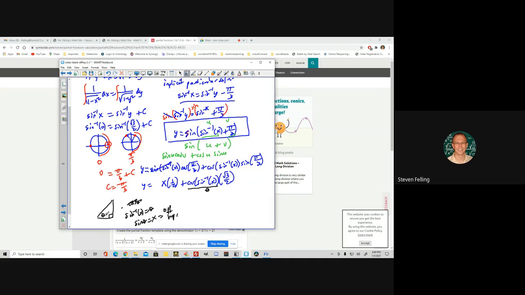So if we made the opposite side of this angle x and the hypotenuse 1, we could use the Pythagorean theorem to solve for this side, which is the square root of 1 squared minus x squared. And then the cosine of theta is the adjacent over the hypotenuse, which is the square root of 1 minus x squared over 1.